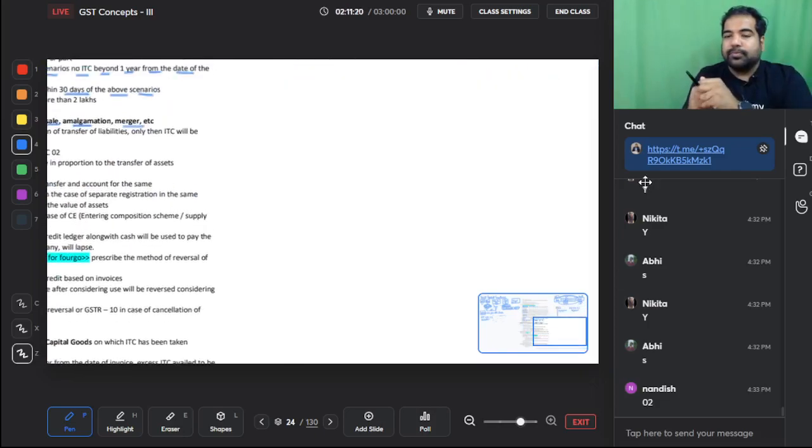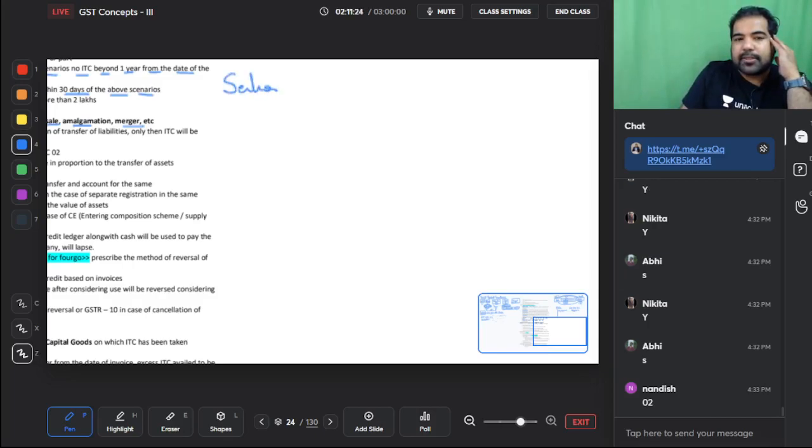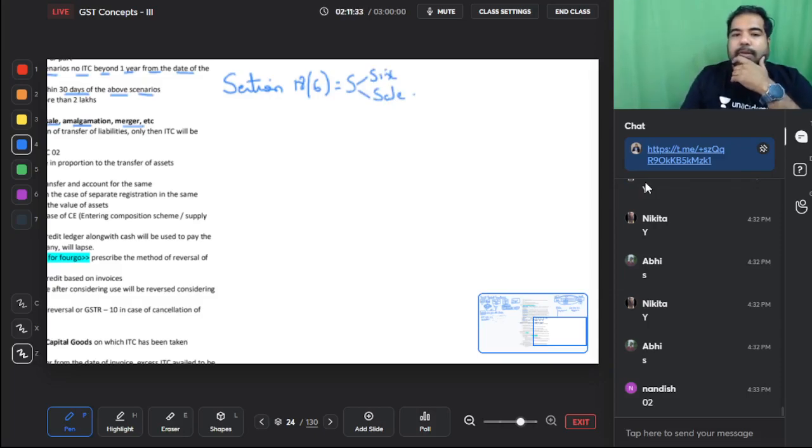Before the next two, I want to do section 18.6. S for 6 and S for sale. Guys, this is an electric bike company and they bought a truck.